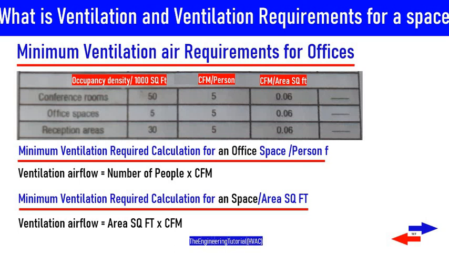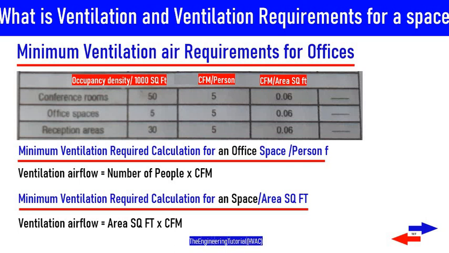Let's do some examples using these two methods, CFM per person and CFM per square foot. So the outdoor air required in an office space is 5 CFM per person and 0.6 CFM per square foot.